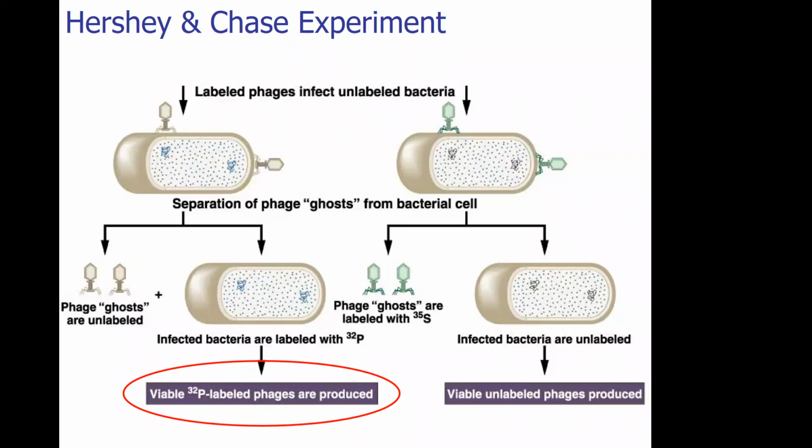So the only place it came from was the original DNA that got injected into the cell. So it had to come from the parent phage. And when they did the same thing with the S35, nothing was labeled. There was no radioactivity of any kind at all. So the only thing that got passed from generation to generation was P32. S35 never got passed on.